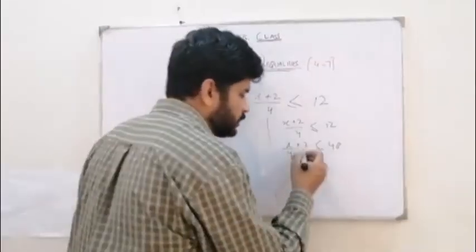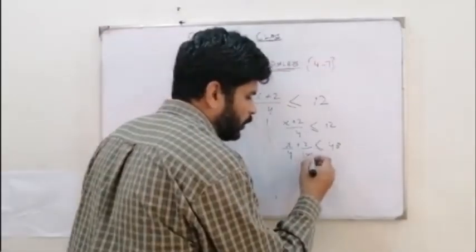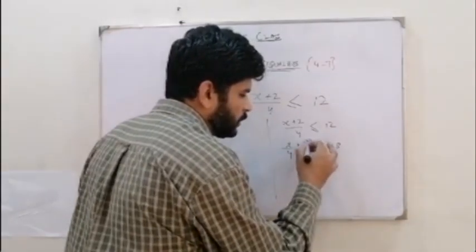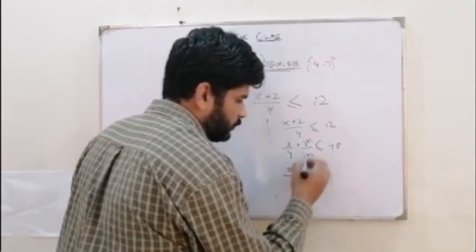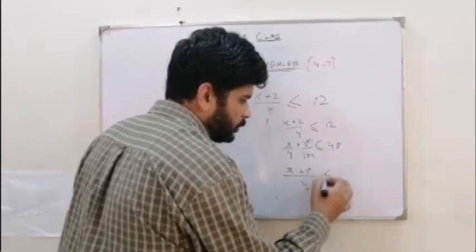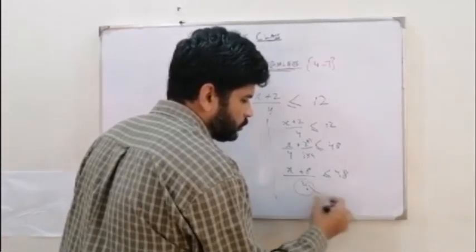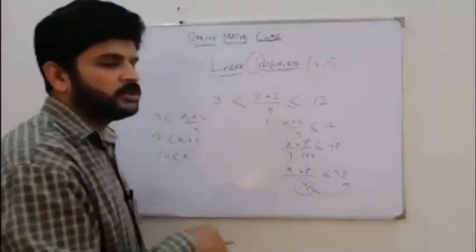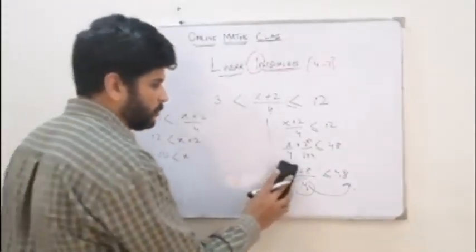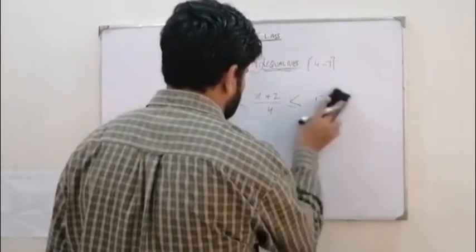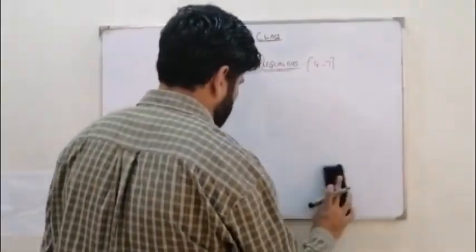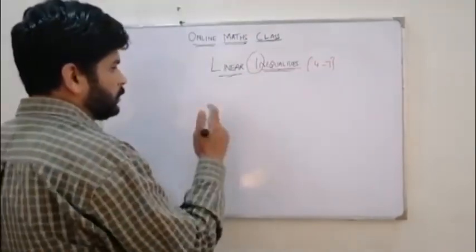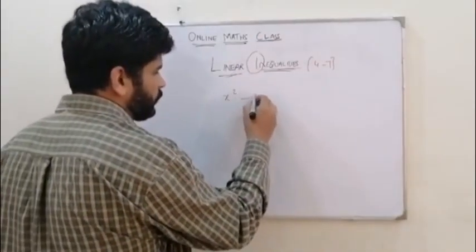So what you need to do is make the same denominators for both, and then this will become x plus 8 over 4 common. Now you can shift this denominator to the other side, otherwise you cannot move the denominator. You might be getting an inequality this way as well.